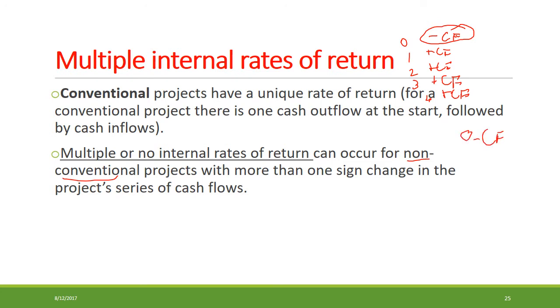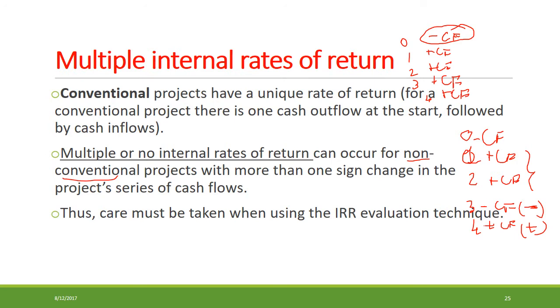So this is when we have a non-conventional project. We have positive cash flows in the first 2 years. We then have a negative cash flow here. Then we have a positive cash flow again. So it's a bit different from this project here, where all my future cash flows are positive.